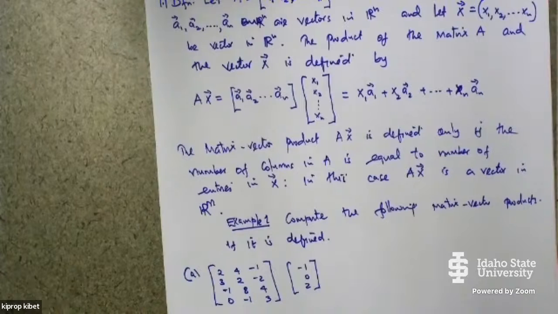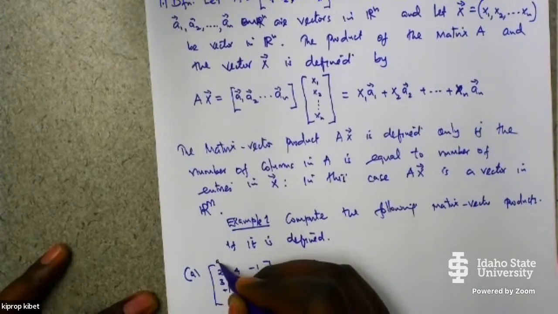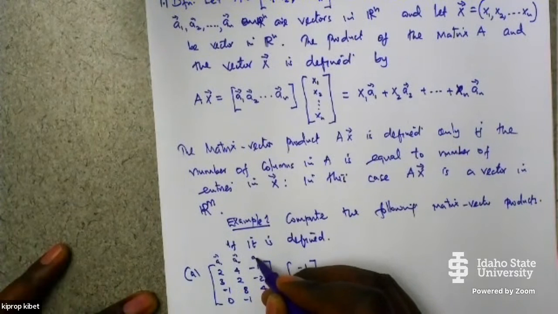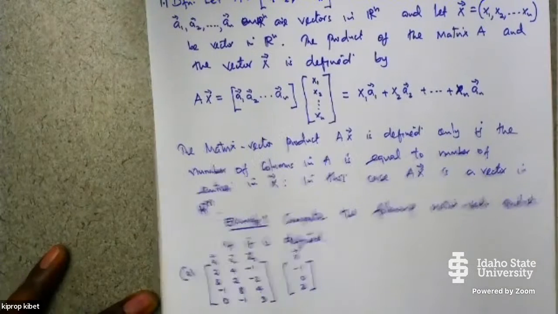So the columns of the matrix are A1, A2, and A3, and this is the vector x.